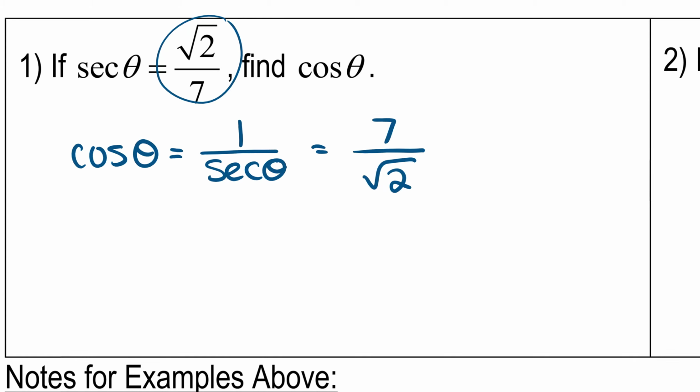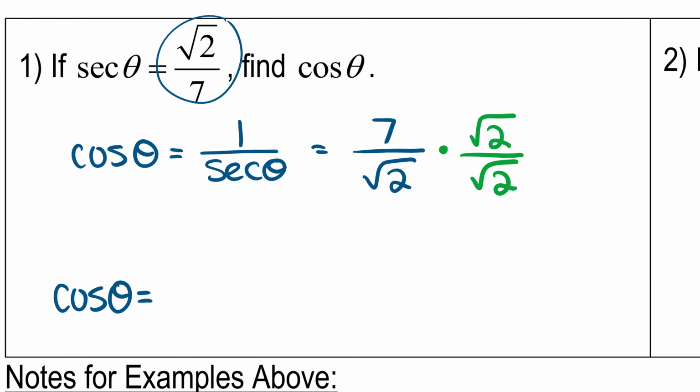Now, I cannot have a square root in my denominator, so I'm going to rationalize it by multiplying the top and bottom by the square root of 2. So now I have cosine theta equals, if I multiply the top two, I get 7 square root of 2.